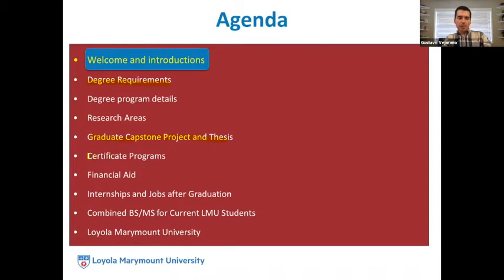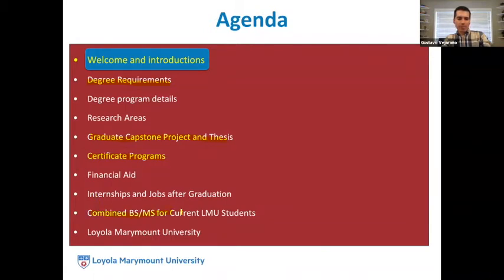And then we also have certificate programs, which are sequences of 3 courses. Students can take those courses and they count for the MS degree as well. I also want to talk a little bit about financial aid, opportunities to do research, and then we're going to follow up with internships and job opportunities.